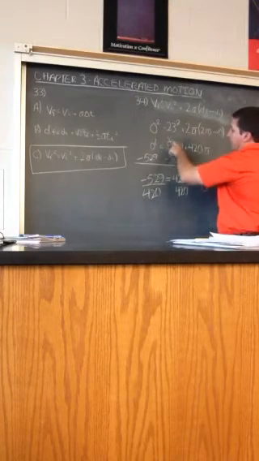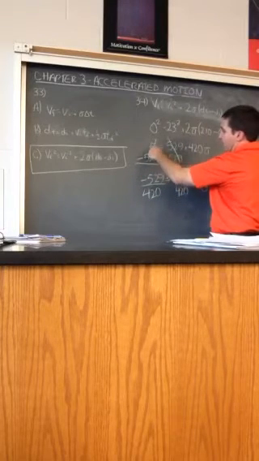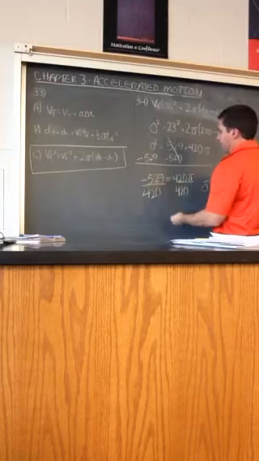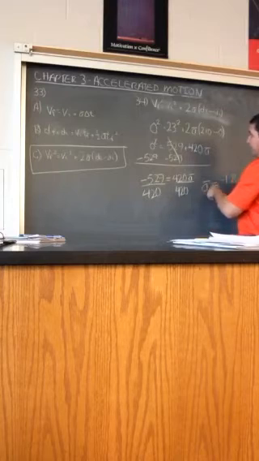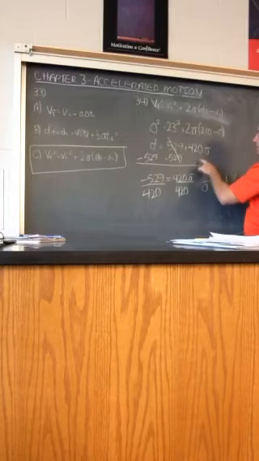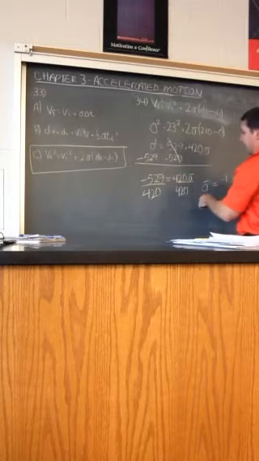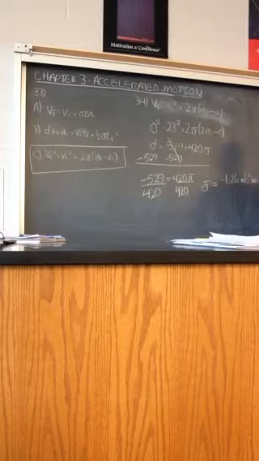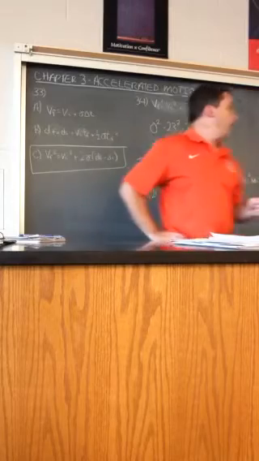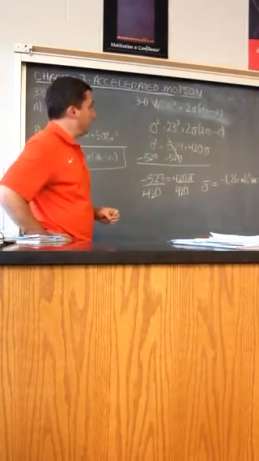You bring the 529 over to the other side of the equation, so you have 0 minus 529, which is negative 529, equal to 420 times a, since 2 times 210 is 420. Then you divide this out. Negative 529 divided by 420 gives you negative 1.26 meters per second squared west. That's the answer for number 34.